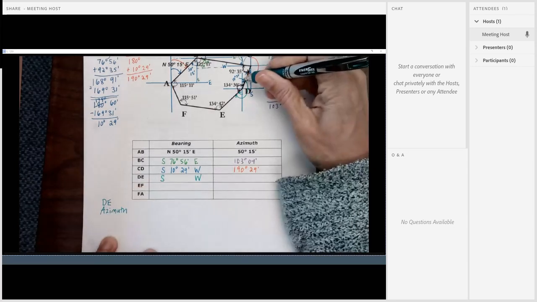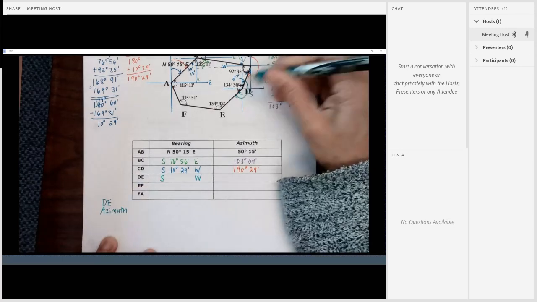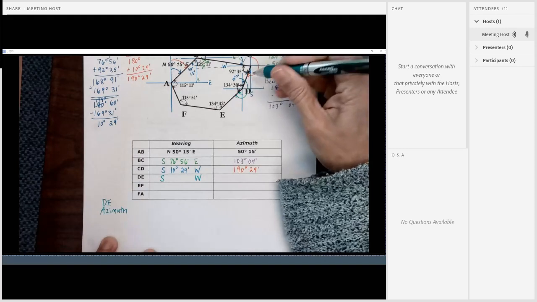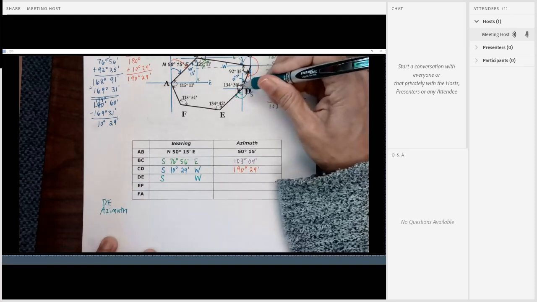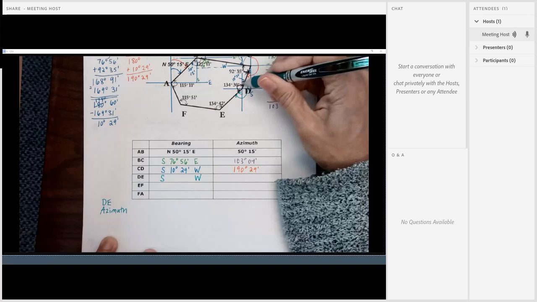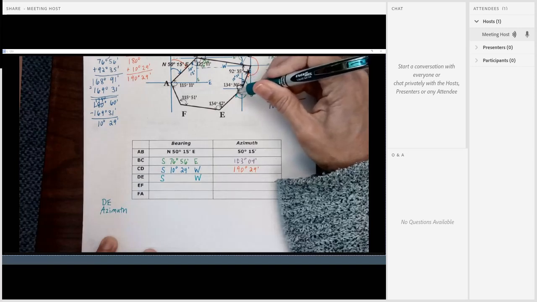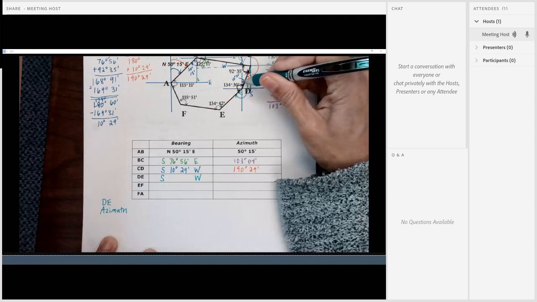All right, so I can see that azimuth comes all the way here, except it does not include this whole piece of this angle and that bearing that's part of that. So first I'm going to find out how much this interior angle is without that bearing.